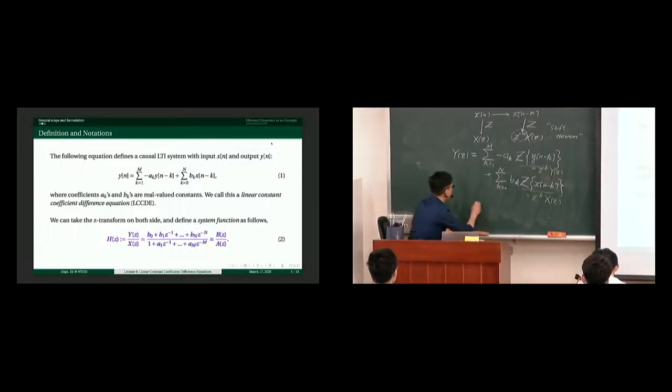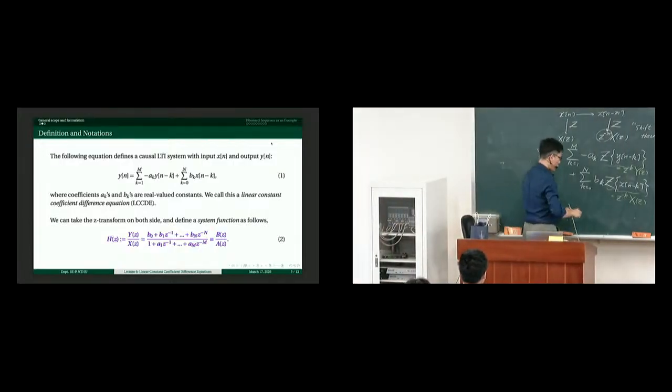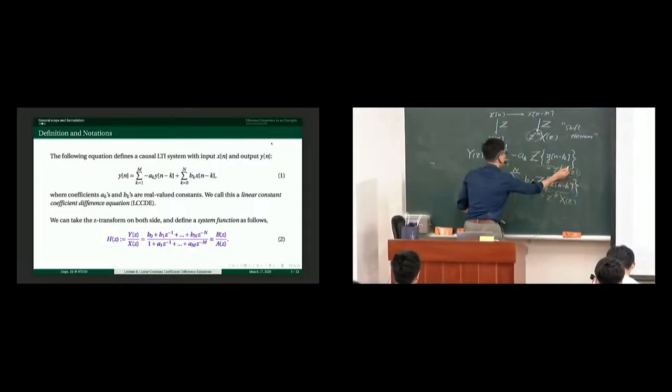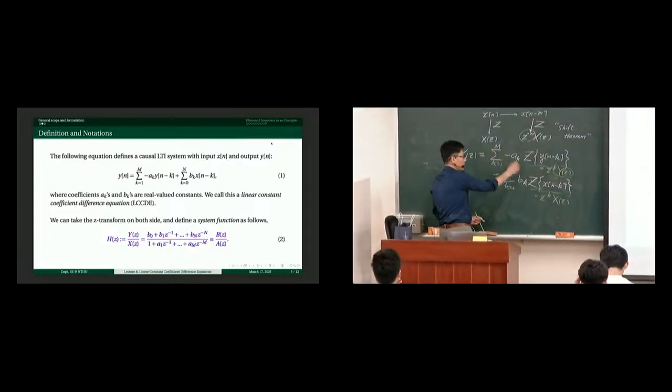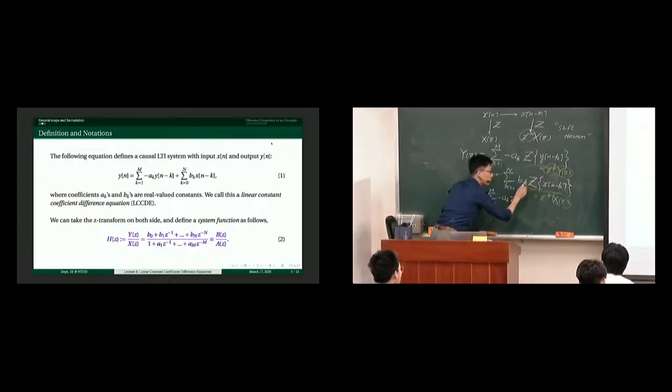So now if we organize our terms a little, in every term we have Y(z), so Y(z) can be put to the outside. In every term we have X(z), so X(z) can be pulled to the outside. So next, what we have is Y(z) outside, minus the summation k from 1 to M of a_k z to the minus k, so let's not forget that.